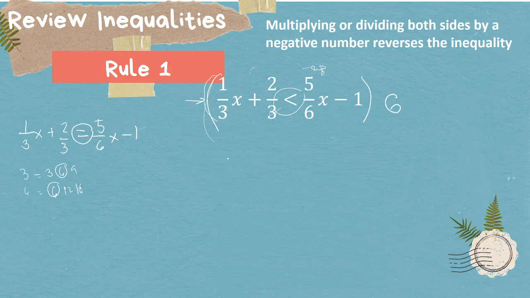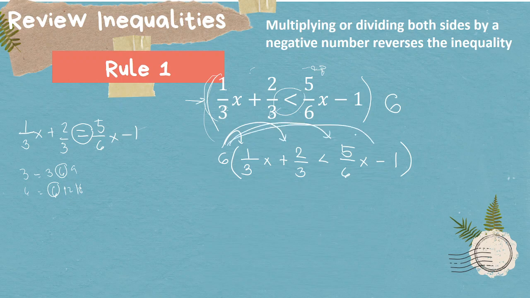So multiplying that by 6, we will have 6 multiplied to 1/3 x plus 2/3 less than 5 over 6x minus 1. Then distributing 6, we would have 2x, because 6 divided by 3 is 2, plus 2 less than 6 times 5, 30 divided by 6, 5x minus 6.